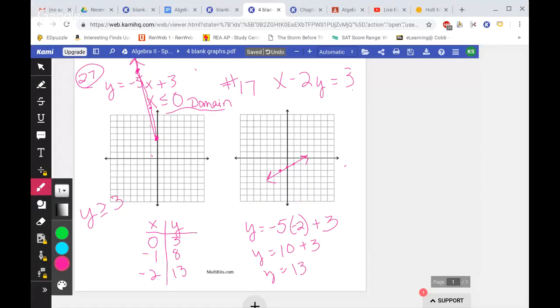That's the range. Does that make sense to you guys? Yes, ma'am. Okay. That was the last one that you had to do for the homework. That was the only one out of those that you really had to do.